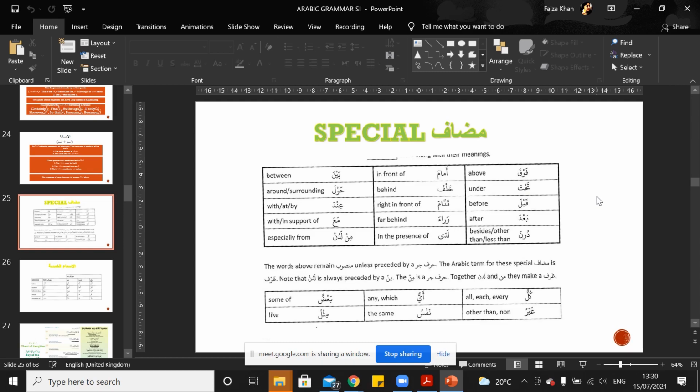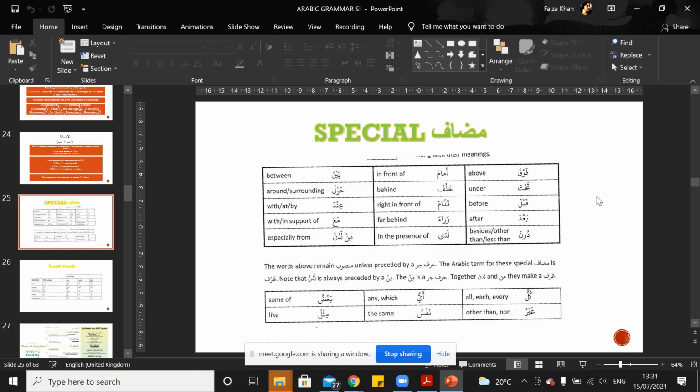Fawqa has the meaning of above, like fawqal kitabi, above the book. Tahtal kitabi, under the book. So kitab will be in the jar form, but these words stand on their own.